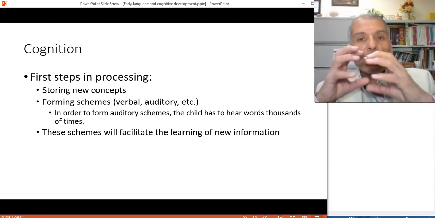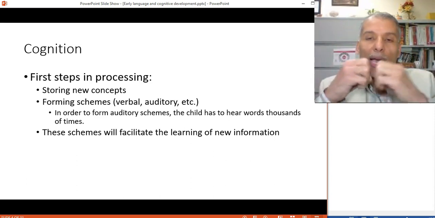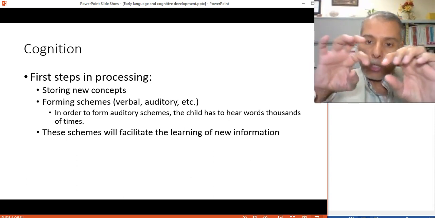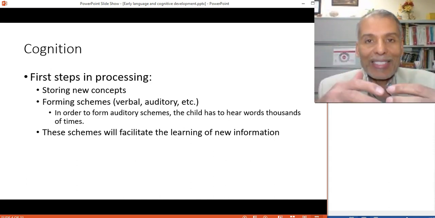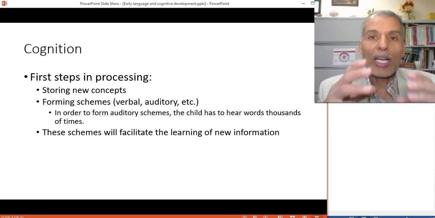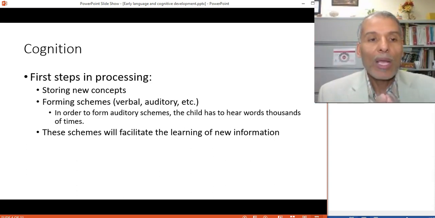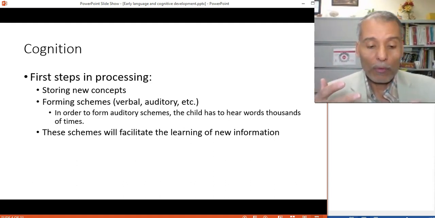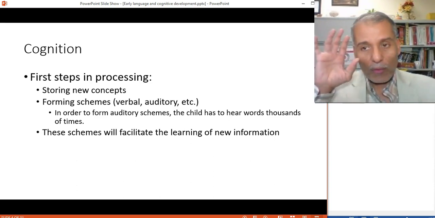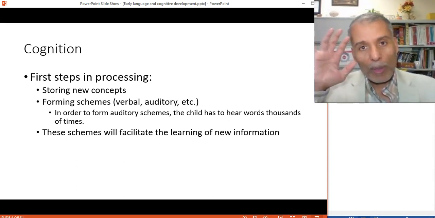And then you start to take it apart, analyze it, and then put it back together in different ways. That is synthesizing new ideas out of what you have, assembling it again. So storing new concepts, the first steps of taking in or encoding of information, comes by way of sustaining information in the working memory.